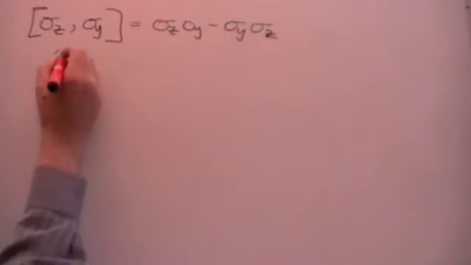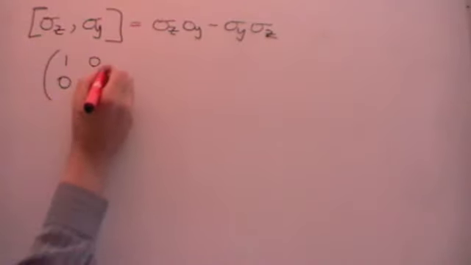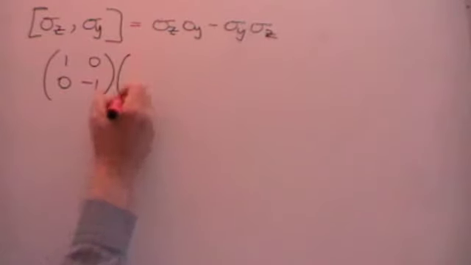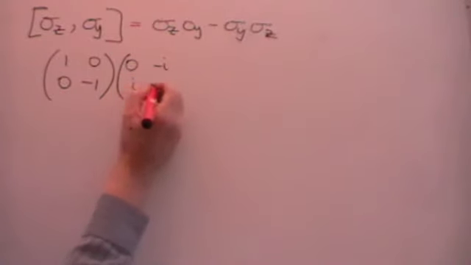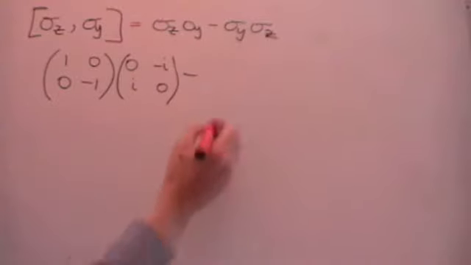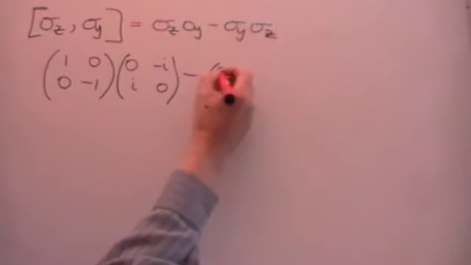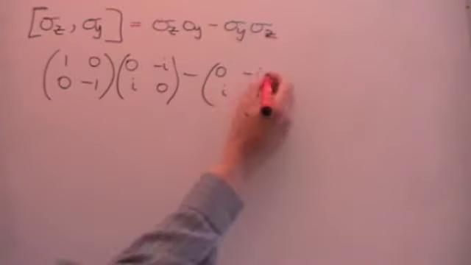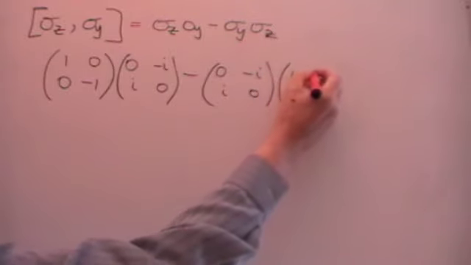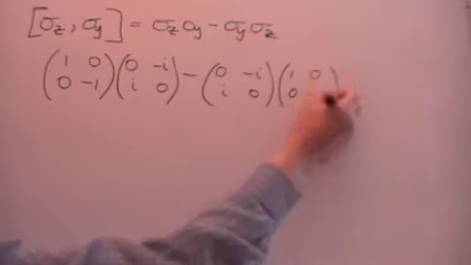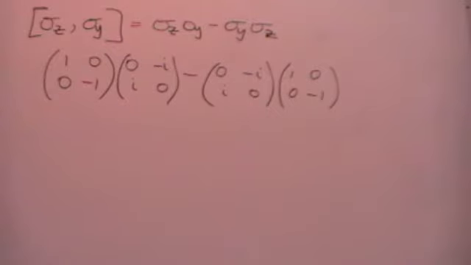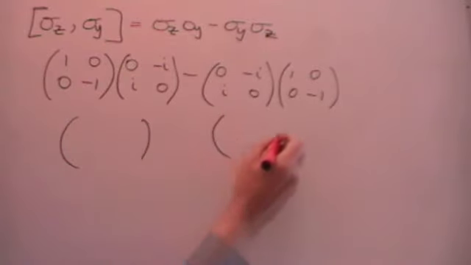Sigma z is 1, 0, 0, minus 1, times sigma y, which is 0, minus i, i, 0, minus sigma y, 0, minus i, i, 0, times sigma z, 1, 0, 0, minus 1. So that's going to give us two matrices, one minus the other.